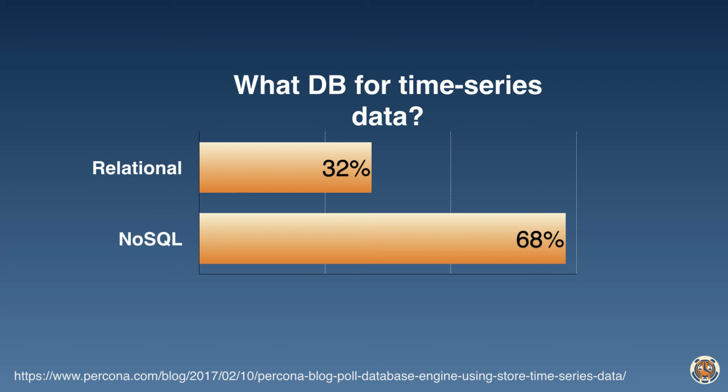This is data from a Percona survey in February of this year. And let me go through both of these types of systems one by one and tell you what we see as the challenges and opportunities with each type of system.